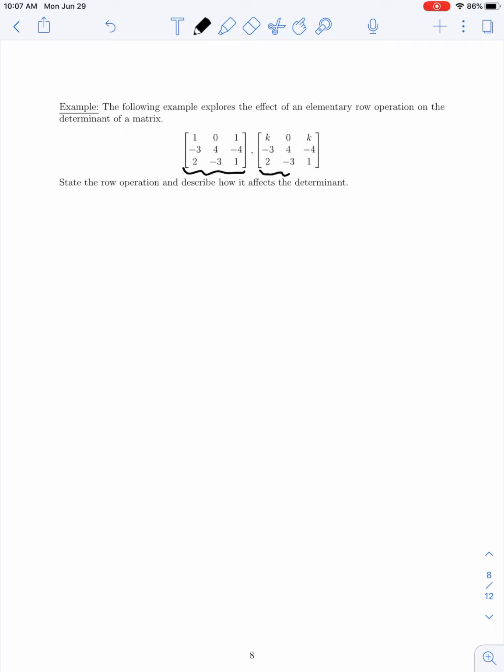And we can see that to get this second matrix, we multiplied the first row by a constant k. So here, row 1 is multiplied by a constant k. So let's see how that would affect the determinant.